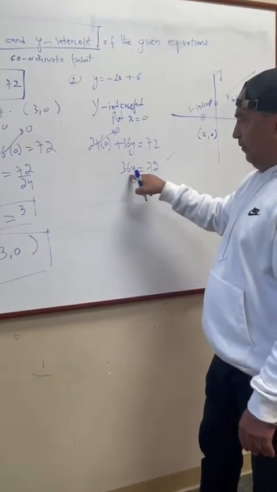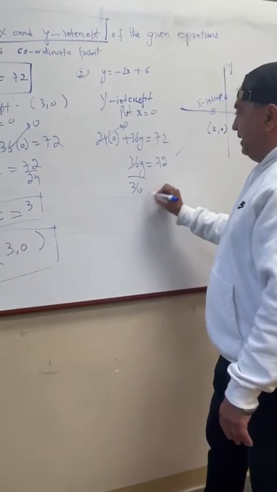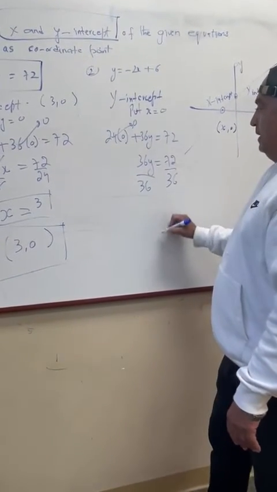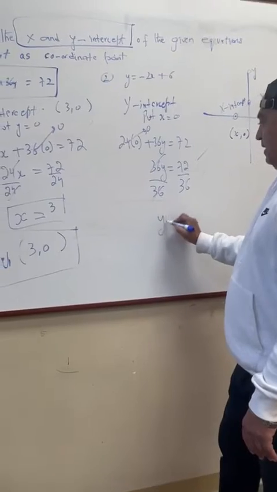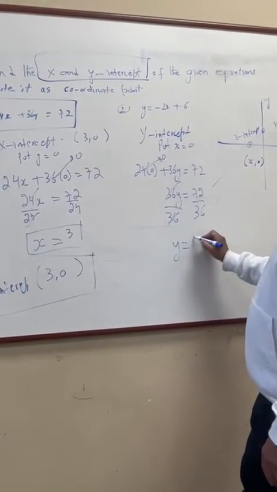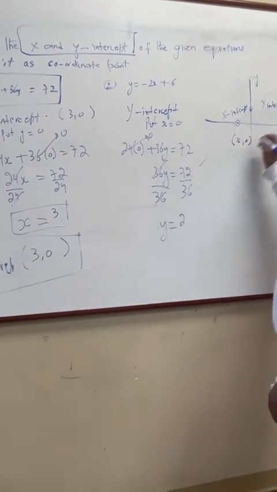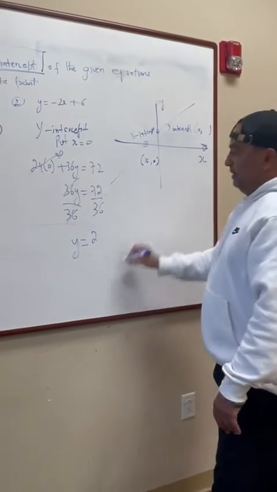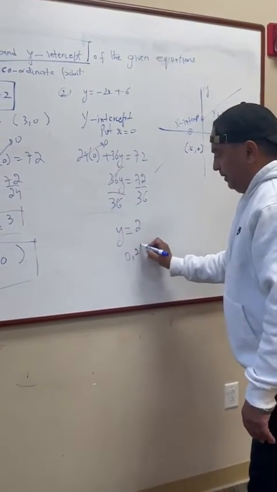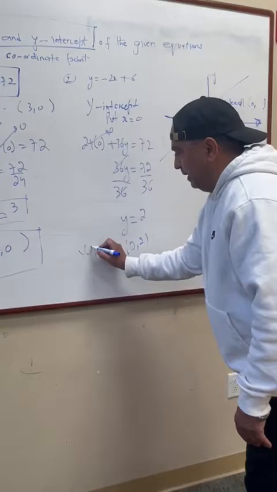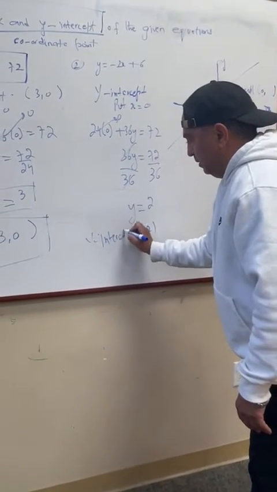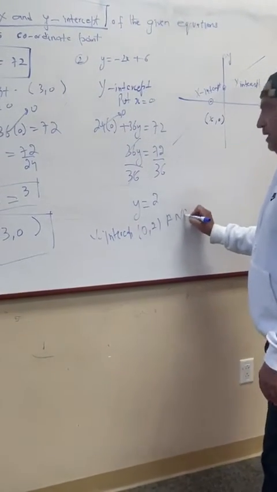In order to get the value of y, we divide by 36. 36 cancels. 72 divided by 36 will be 2. And when we have the y-intercept, the value of x is 0. So 0 and 2. That's my y-intercept, and that will be your answer.